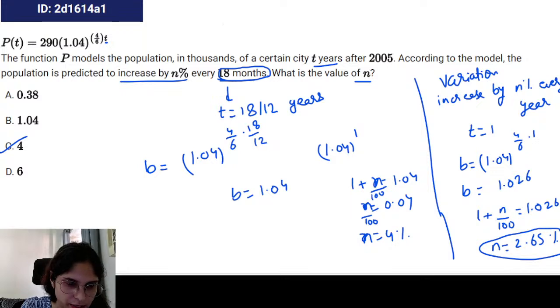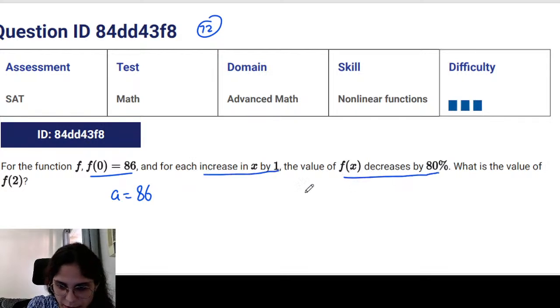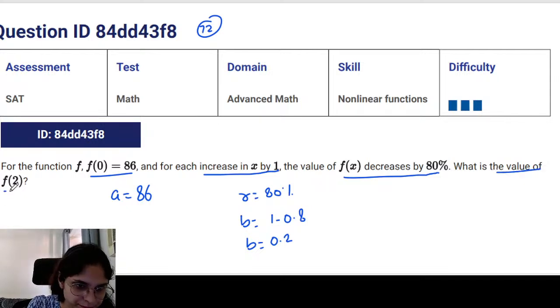This was 71, next is 72. Okay, f of 0 is 86, that means the value of a is 86. For each increase in x by 1, the value of f of x decreases by 80%, that means r is 80%. So your b is going to be 1 minus 0.8, that is b is 0.2. What is the value of f of 2?